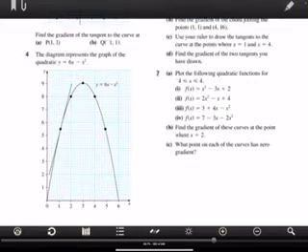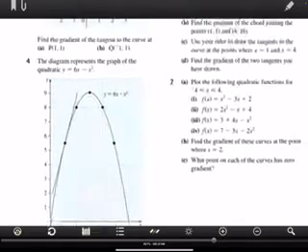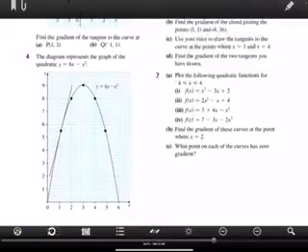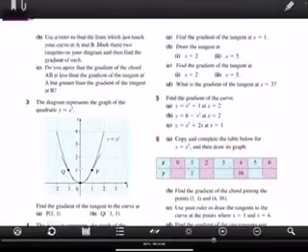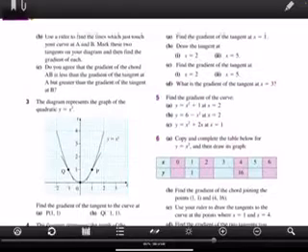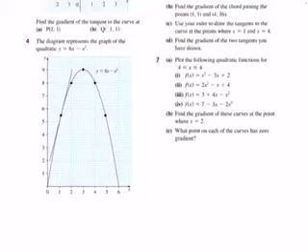The derivative function? Look at exercise 4. That is the graph 6x minus x squared. Find the gradient at x is 1.